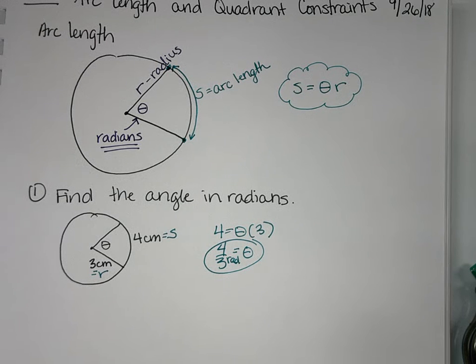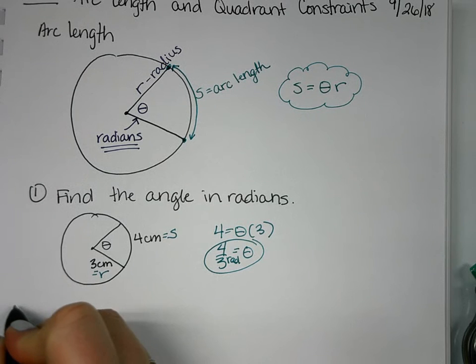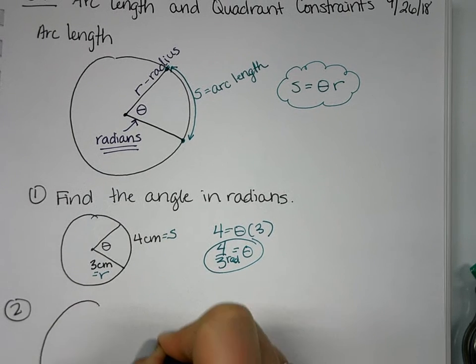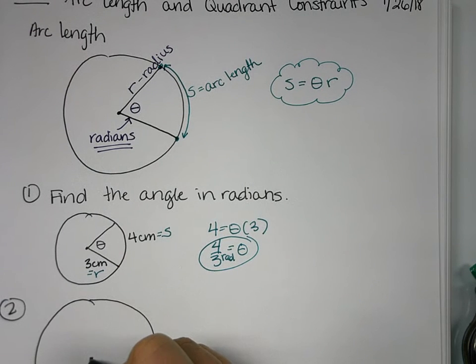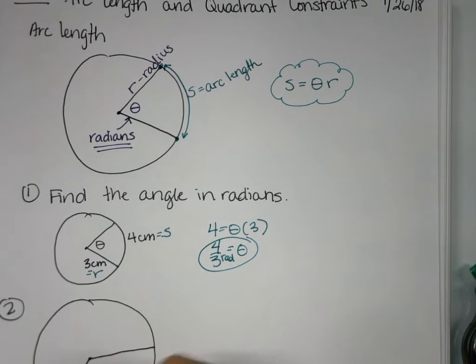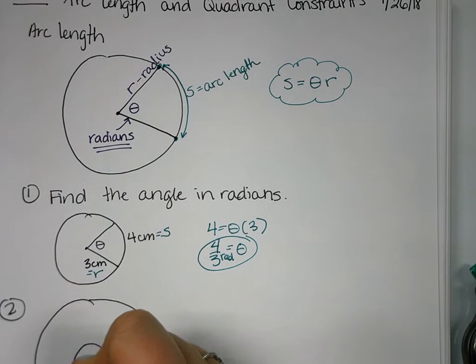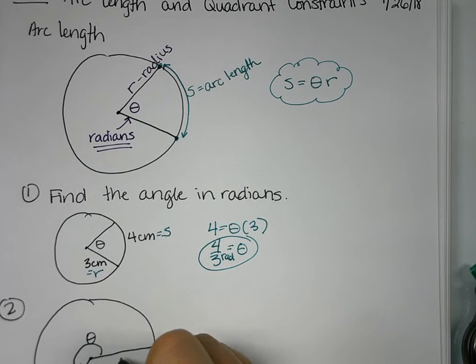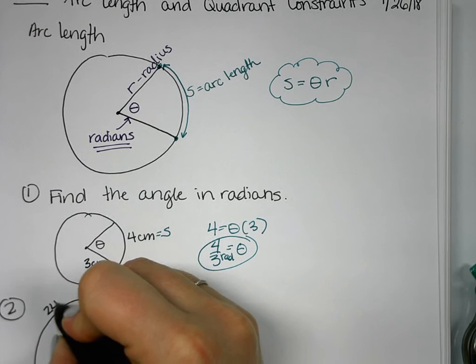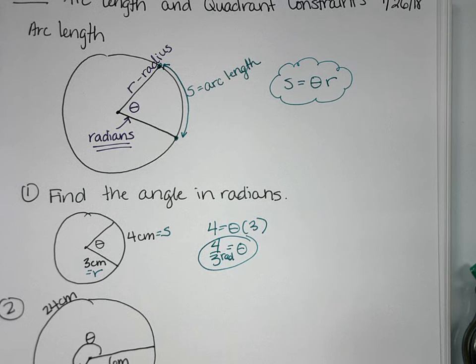Okay, another type, we're going to still find the angle measurement. Sorry, my circles aren't that great. We're going to go for this theta. And we're told that the arc there is 24.